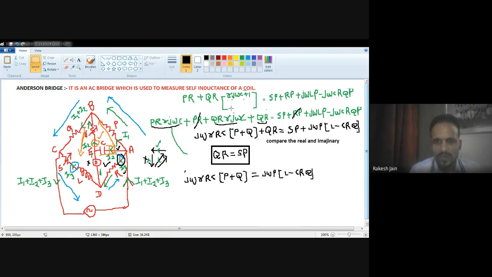Okay, so now what will happen? From this, j omega and j omega will be cancelled out, and with the help of this we'll find out the self-inductance of a coil formula.